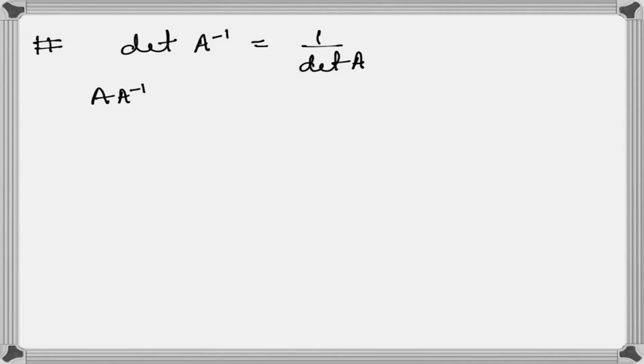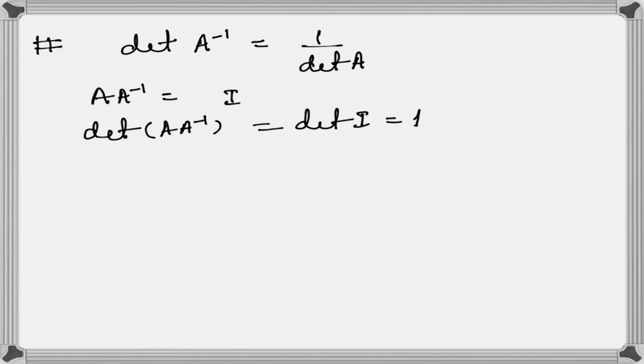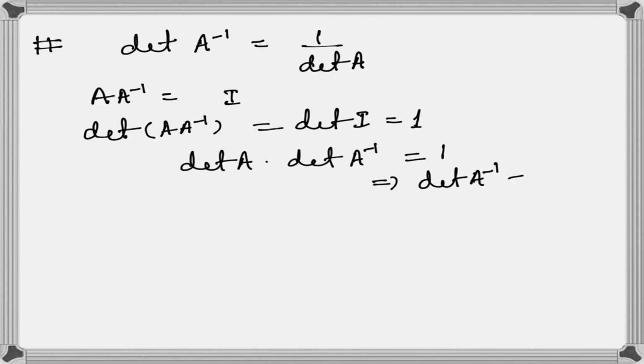A times A inverse is equal to the identity matrix. Then the determinant of A times A inverse is equal to the determinant of I, which is equal to 1, where I is the identity matrix. So determinant A into determinant A inverse equals 1, which implies the determinant of A inverse is equal to 1 upon determinant of A.